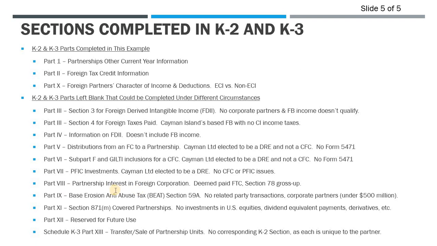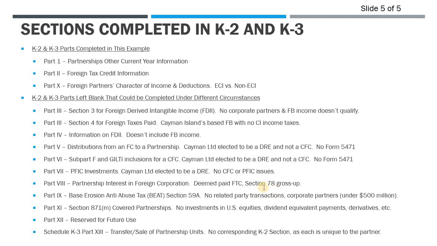Now, Part 8, partnership's interest in foreign corporation with deemed paid foreign tax credits. So when would this arise? If a partnership has an interest in a foreign corp, so let's say there's a 5471 filing and there's some subpart F income or GILTI, the partnership can pass on that income to its corporate partners, and the corporate partners are allowed to take a deemed paid foreign tax credit for the amounts paid at that foreign corp level, right?